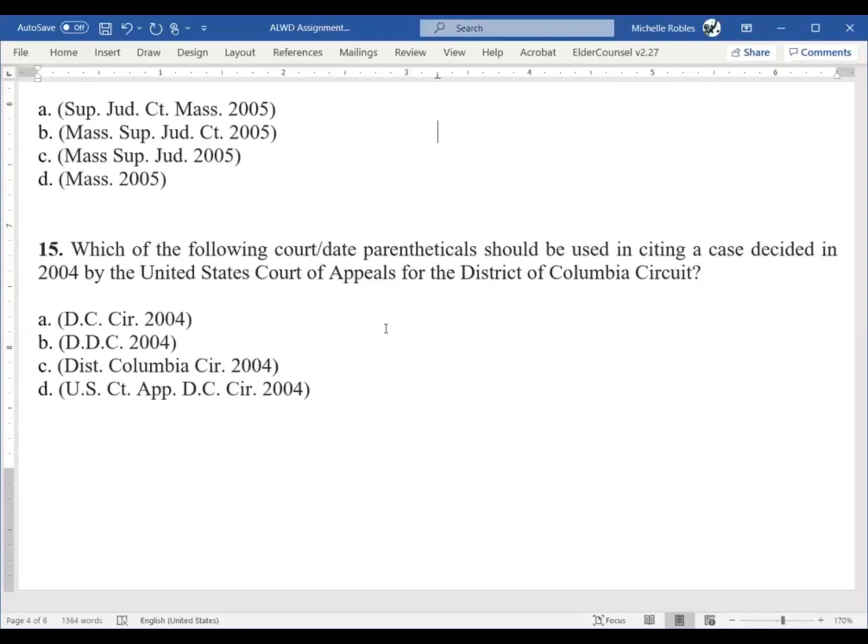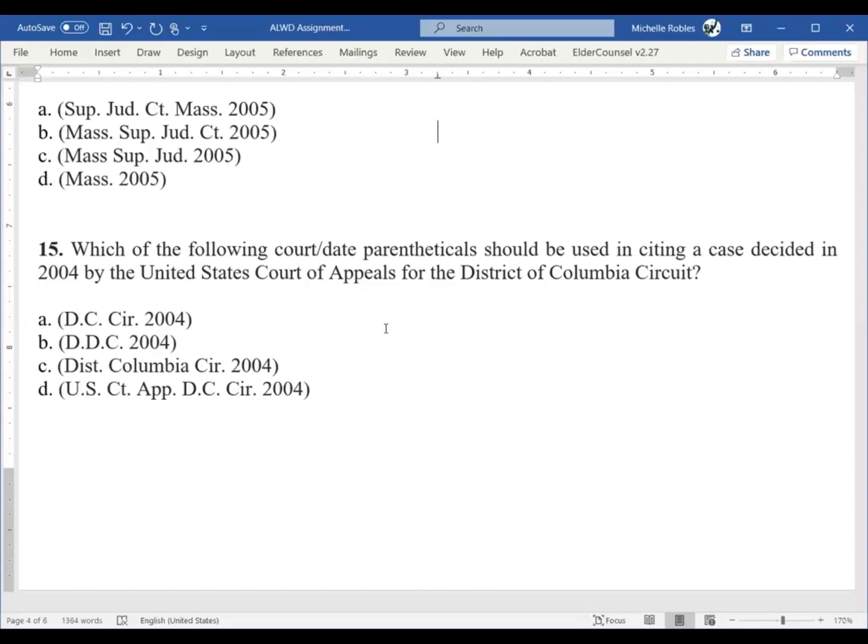Then you have to look at the level of court system that you're in. It says here the Court of Appeals, so you should be looking at page 499. Under that division, we see here District of Columbia Circuit, and that the abbreviation is D.C. Cir.